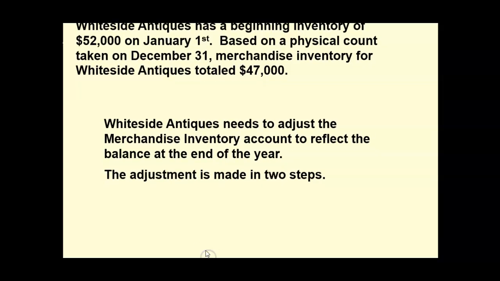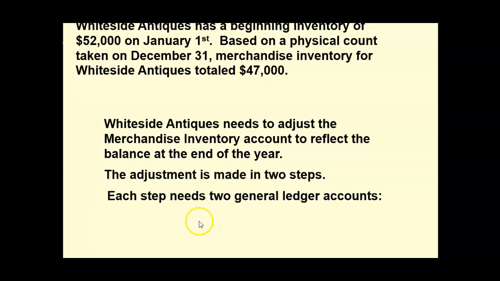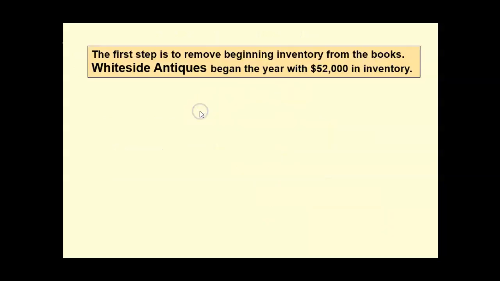To make the adjustment, it is a two-step process. First, we'll look at the merchandise inventory account, and we're going to use the income summary account in order to adjust the merchandise inventory account.